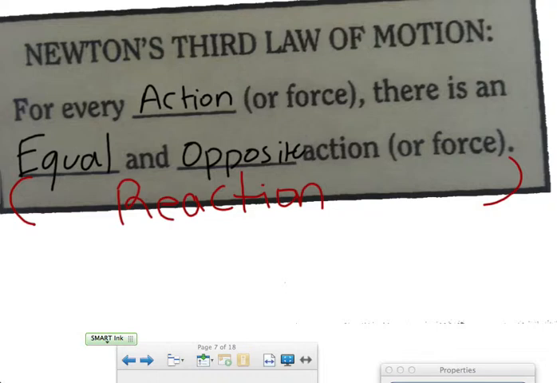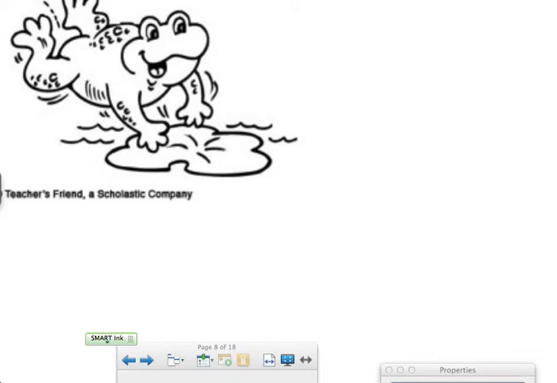Okay, so now let's look at some illustrations which are numbered on your paper. The first one talks about this leaping frog. Read it for us, Tylisha, and tell us whether it's Newton's first, second, or third law.